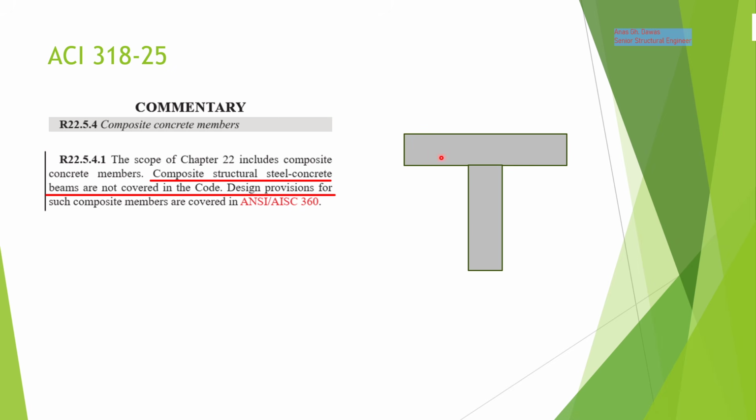Here we have a composite action, but again between a concrete member and another concrete member. So let's say a precast beam with a topping slab. This case is covered by ACI in Chapter 22, but if you have composite steel concrete beams, for example, here we have an I section as steel, and here we have a topping slab, this is beyond the scope of the ACI code now, and you have to go to AISC 360.